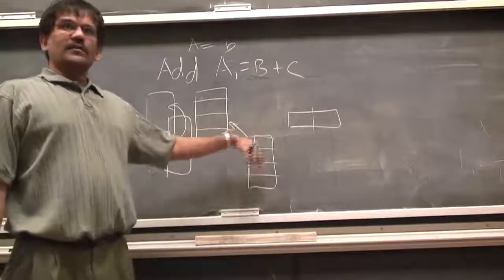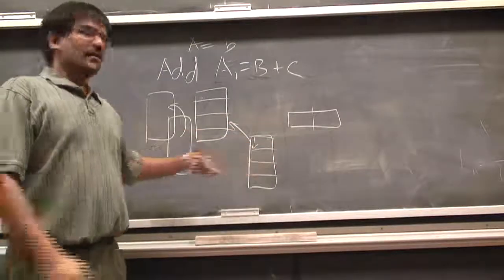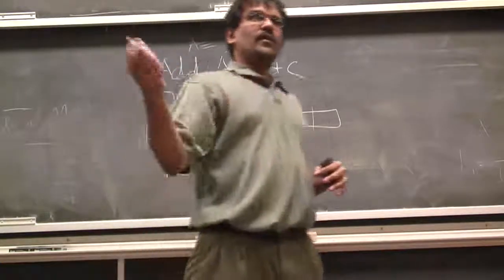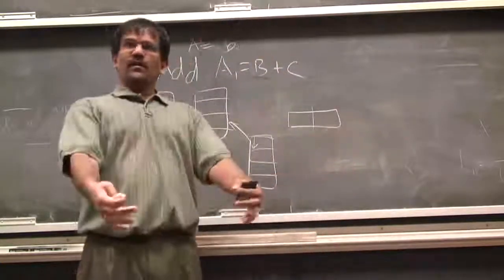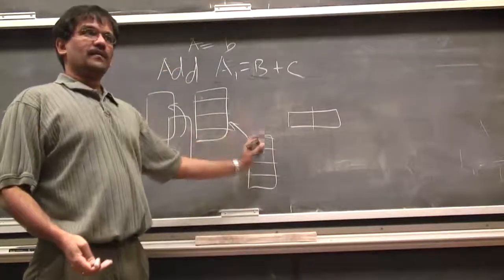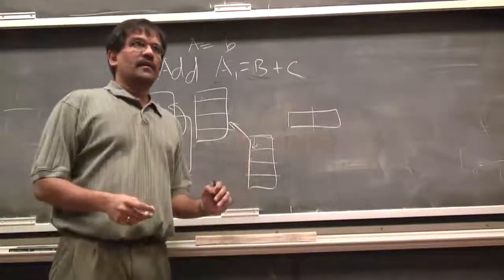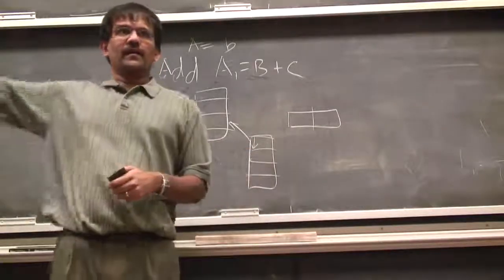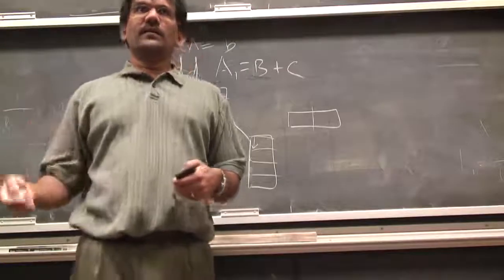Over the years, OSs have looked at different ways of solving this problem. One of the things they can do is make sure that all the pages that the instruction would use are brought in, either by getting a fault all at once or consecutively, before the instruction can start. And if you do that, you have to make sure that none of these pages get replaced. We'll see what replacement is in a couple of slides.